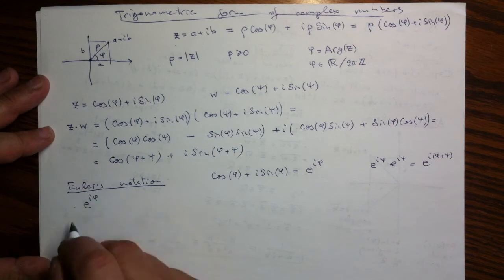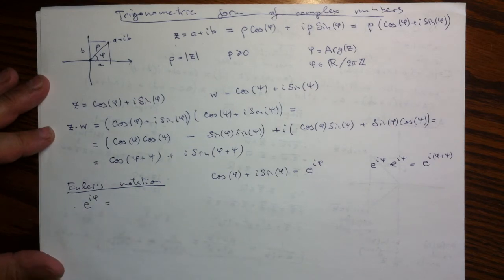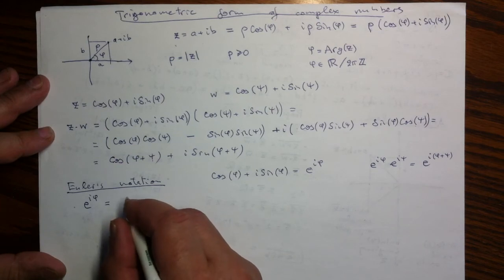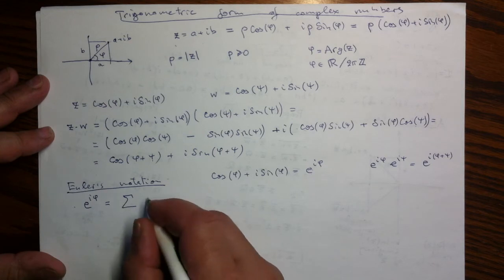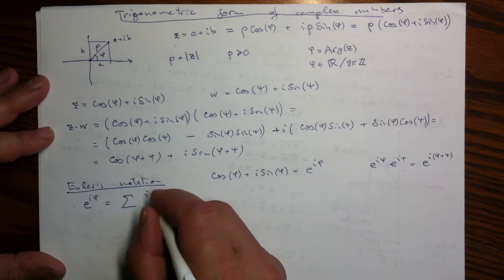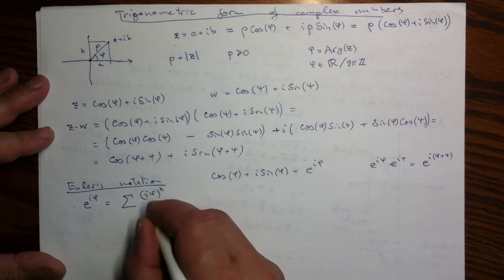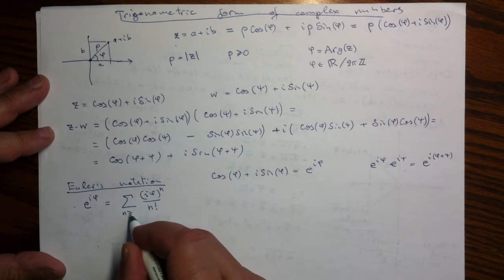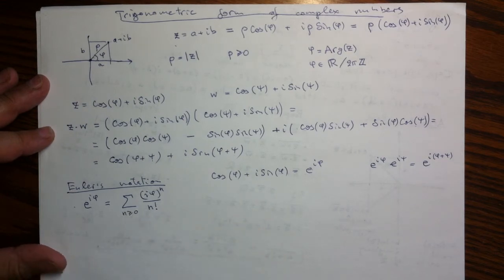Imagining this sequence of numbers is easy because everyone remembers the Taylor series for the exponential. Let me write it first in a compact form. It's just the sum of all powers of the argument, and each of those powers is divided by the factorial, summed over all non-negative powers.